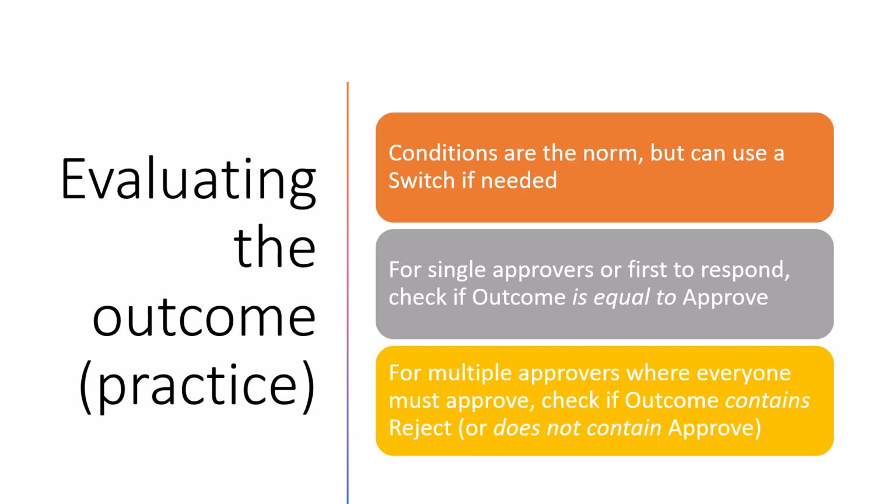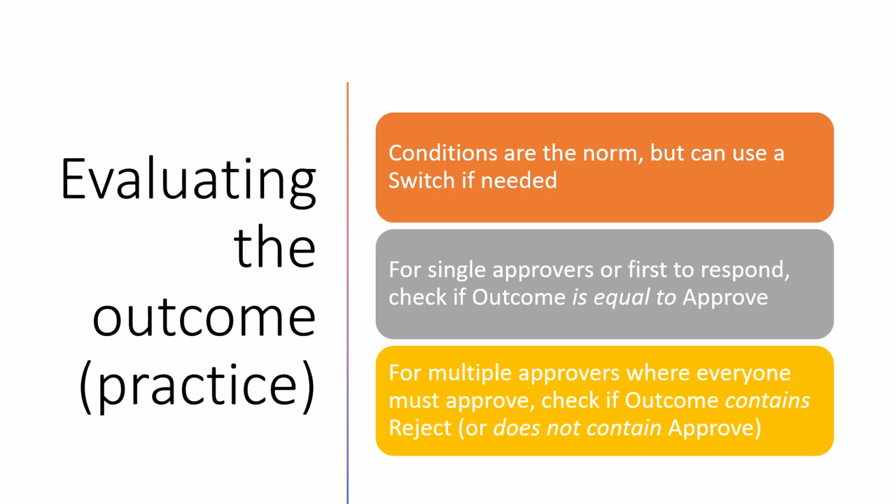Now, the problem is when you have multiple approvers and you select everyone must approve: if the first person rejects it, then that outcome will just say reject. But let's say it's five approvers and the first three approve it, and number 4 selects reject, then that outcome field is going to be reject, comma, approve, comma, approve, comma, approve.